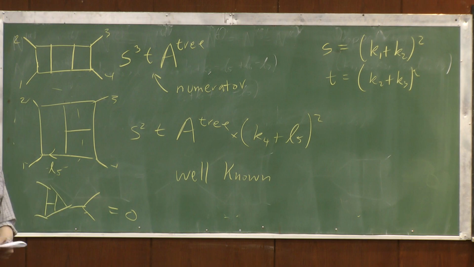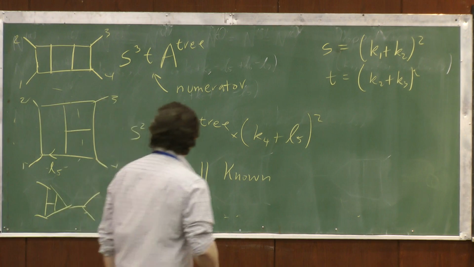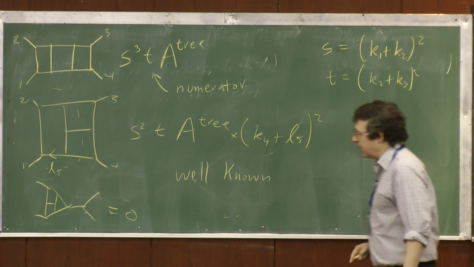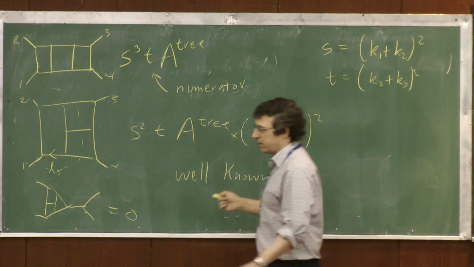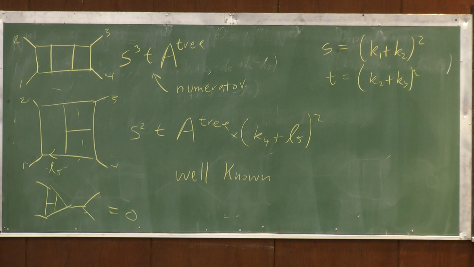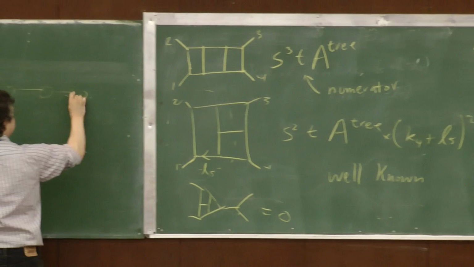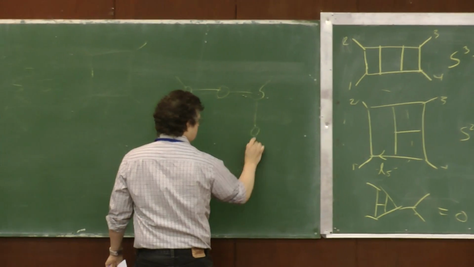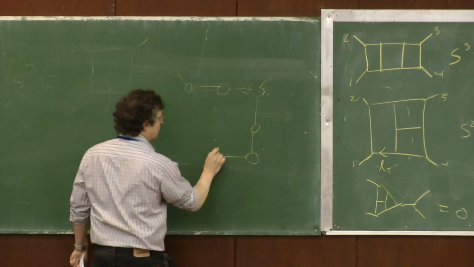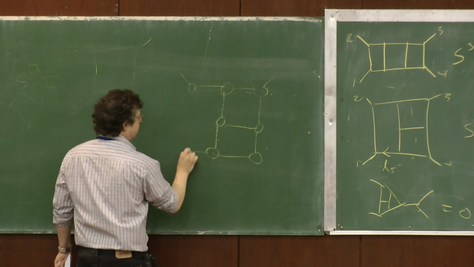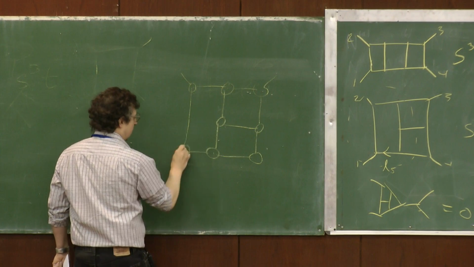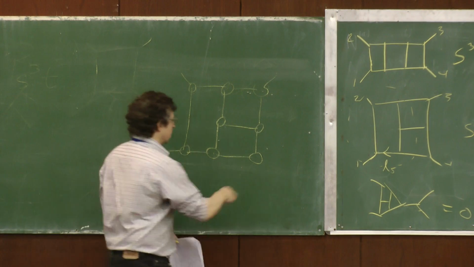Okay. Now, what's an important property that this thing has? Well, Nima was talking about leading singularities, and he was talking about building diagrams, not to be confused with those diagrams, but diagrams built out of amplitudes, like so, where everything is on shell.